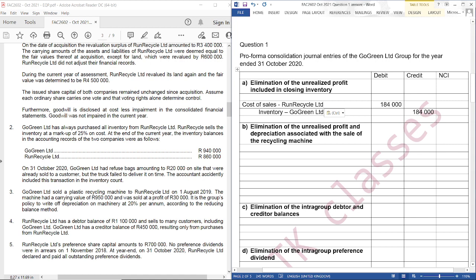Elimination of the unrealized profit and depreciation associated with the sale of the recycling machine. And that's transaction number 3. Go Green Limited sold a plastic recycling machine to Run Recycle Limited on 1 August 2019.